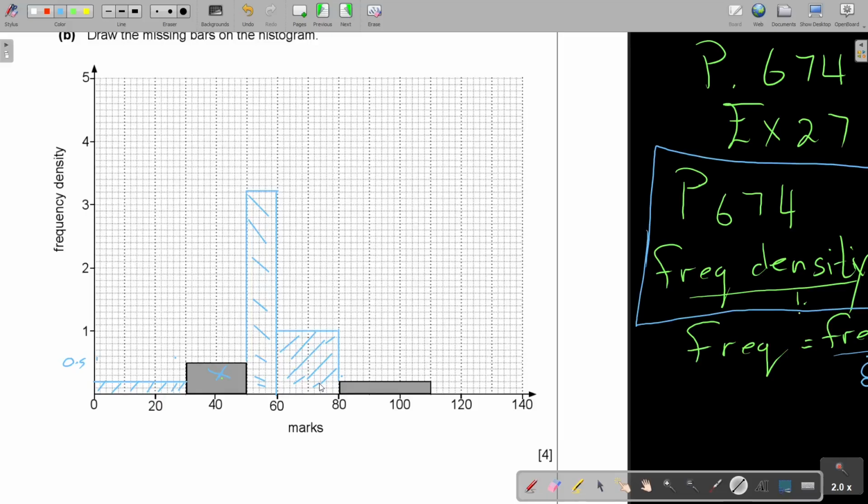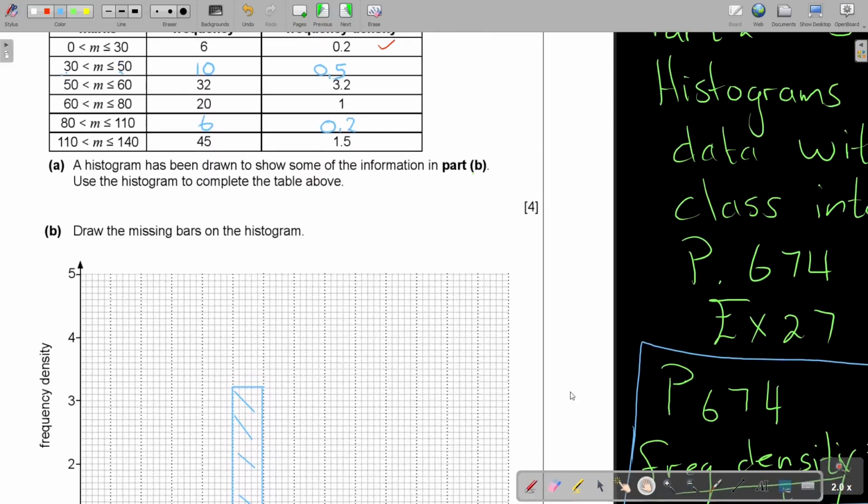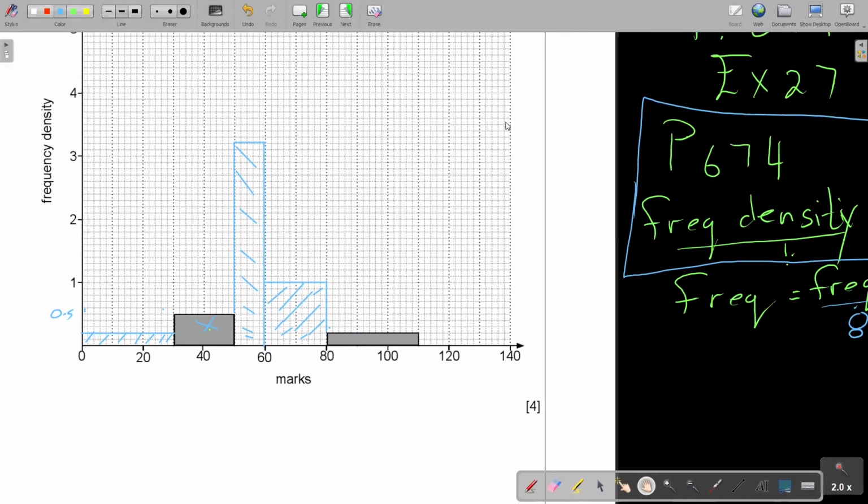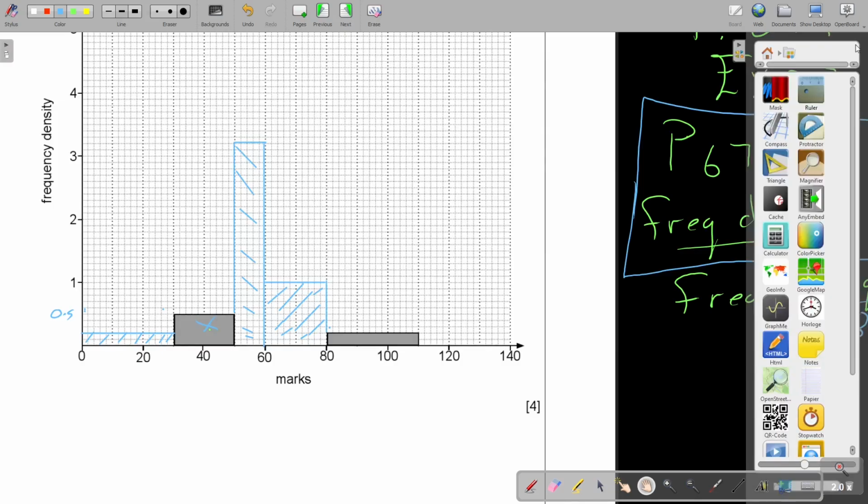Okay, and then the final one, I can show you just here. It's 1.5 and 45. So 1.5, just make sure, this 1.5. I think what you can do, if you struggle, I'm going to do it now. Look what you can do to make sure you are not making mistakes. You can take a ruler.